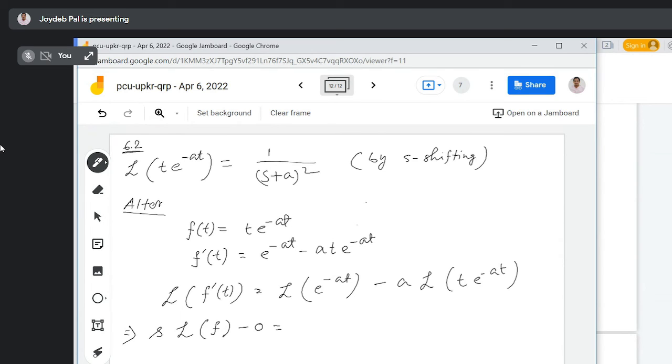And Laplace transform of e to the power minus at is 1 by s plus a, and a into L of f I can write. वही same f मुझे मिला है ना, t into e to the power minus at, that is f.